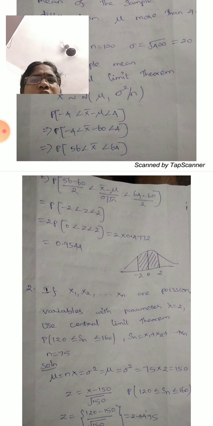Already we know the formula is x bar minus mu by sigma by root n.